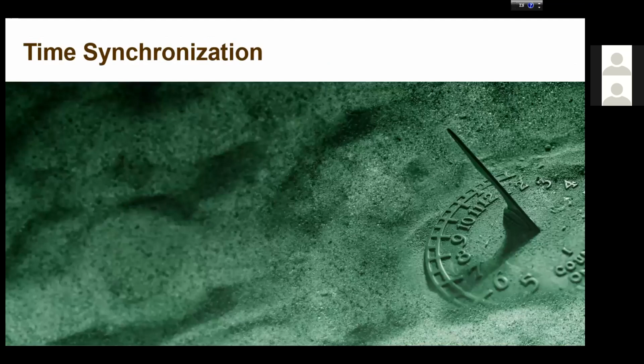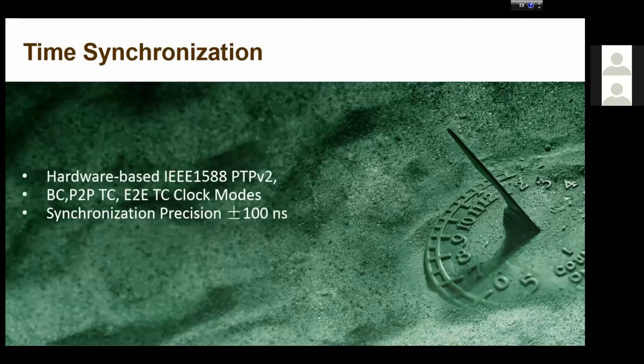And for the time synchronization, our time server and Ethernet switch have already supported hardware-based IEEE 1588 PTP version 2. And we have supported the boundary clock and the transparent clock. Also the peer-to-peer and the E2E versions in the transparent clock.